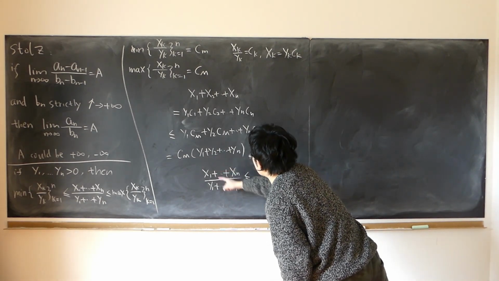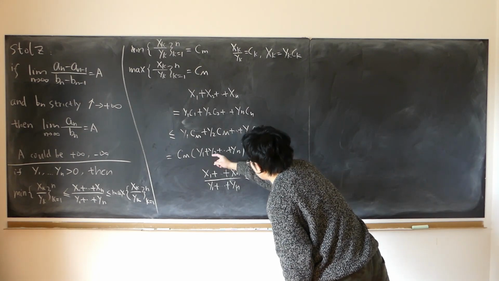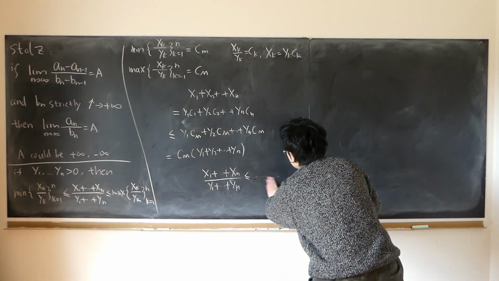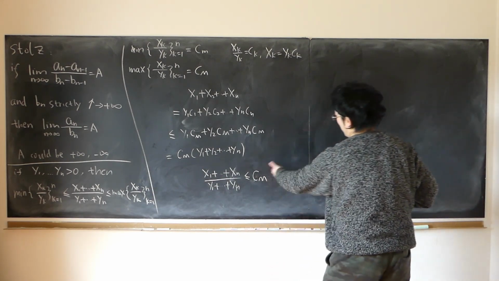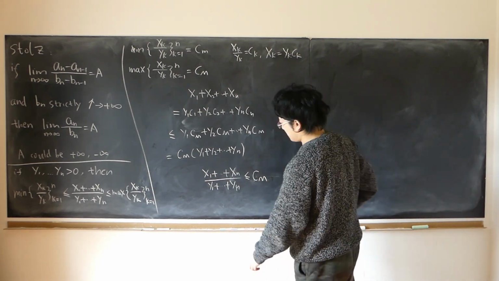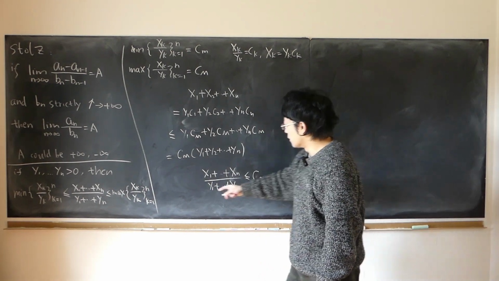Then y1 plus all the way up to yn is cancelled out, and straight away we have just c capital M, that is the maximum out of all the fractions. And we're done with the right-hand side.